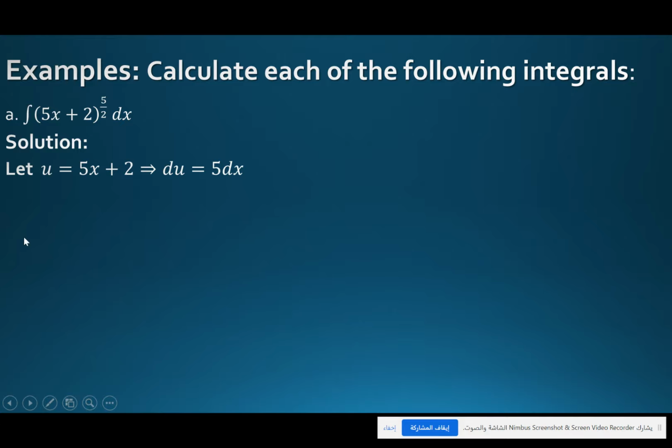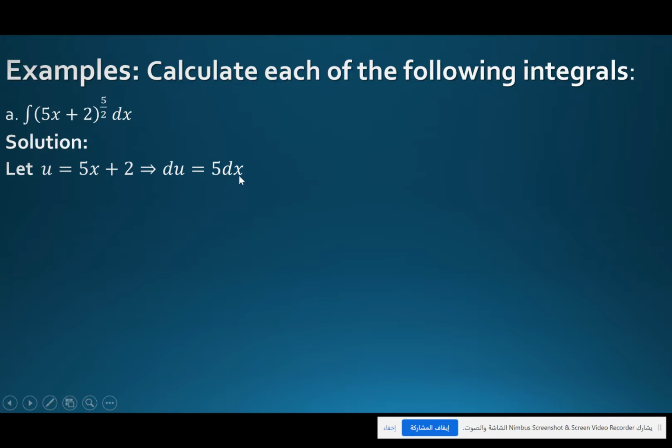I am using u. So here, let u equal the thing which is inside the bracket. Don't take the power. Then derive it. You will get the derivative of u, which is du, and the derivative of 5x, which is 5, and the derivative of the constant is 0.